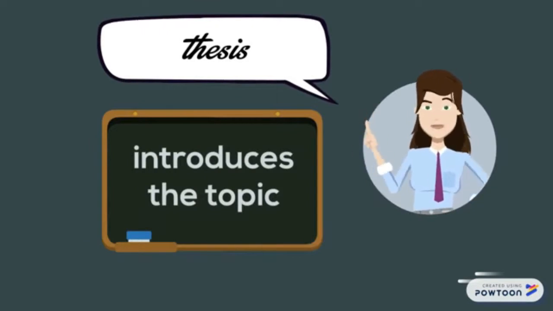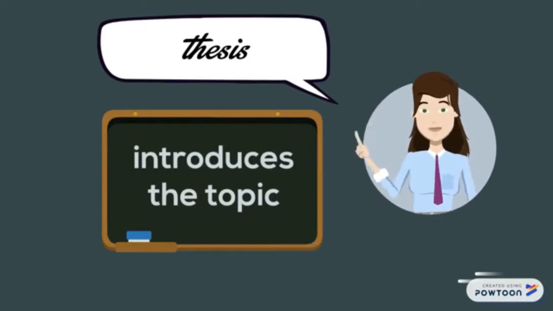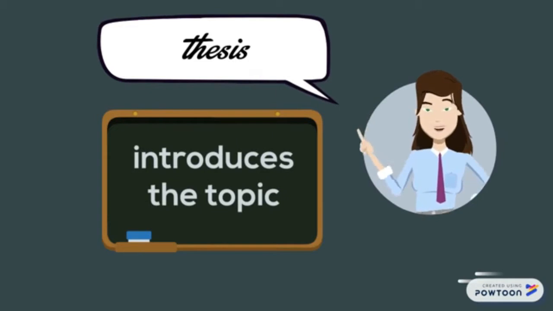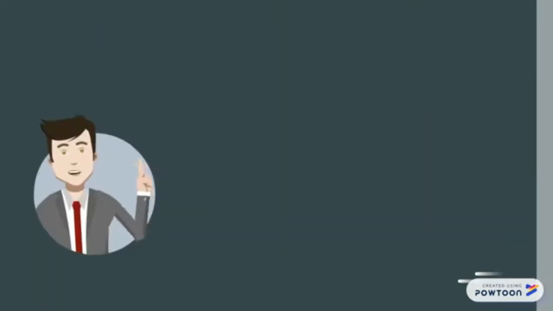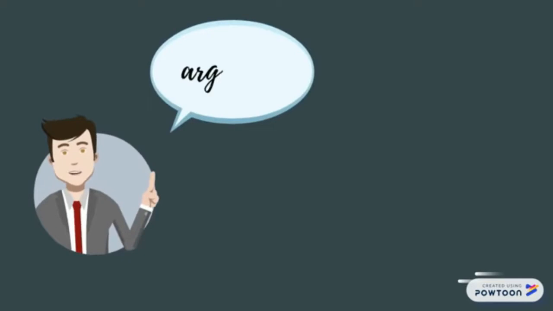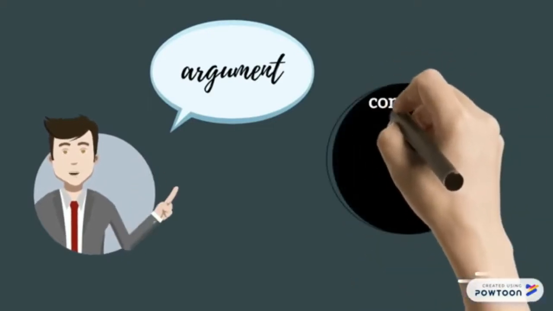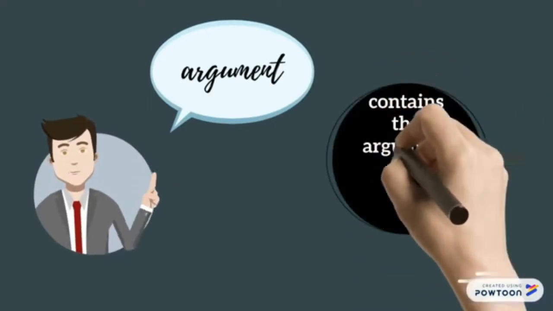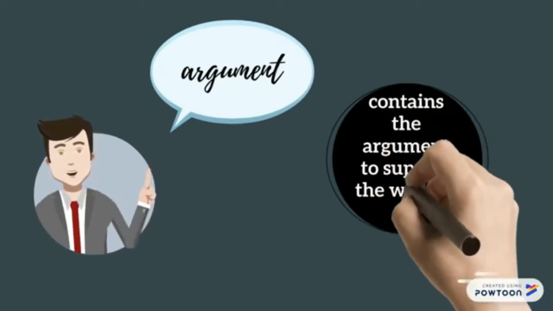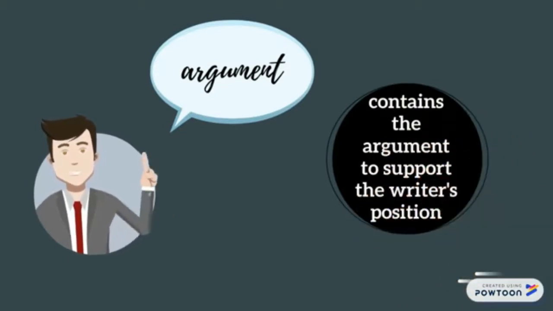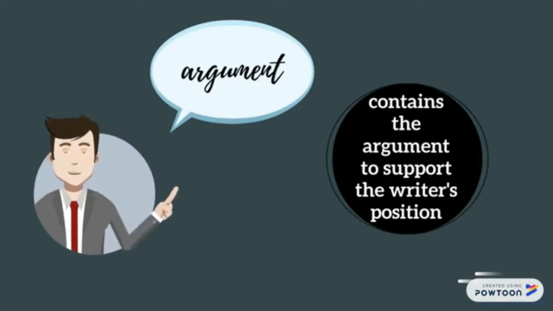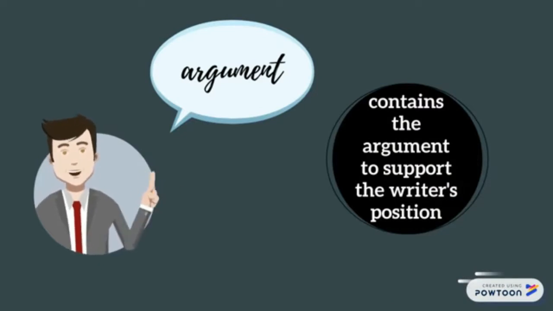It also introduces topics and indicates the writer's position. Next, argument. It contains the arguments to support the writer's position. The number of arguments may vary, but each argument must be supported by evidence and explanation.